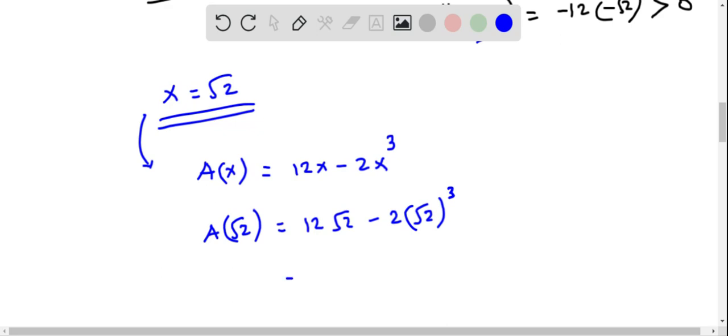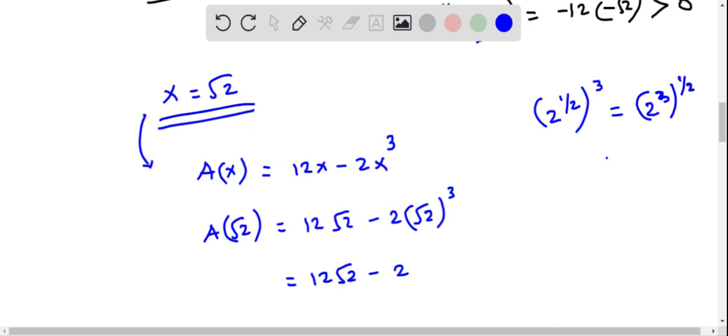We'll simplify this. So this is 12 root 2 minus 2 times root 2 cubed, which is 2 to the power 1/2 raised to the power of 3. So this is 2 to the power 3 under a square root. This can also be written as 2 times 2 times 2 under a square root.